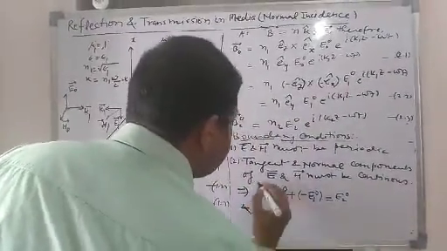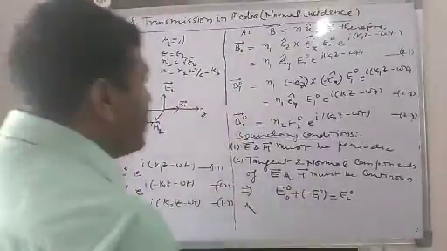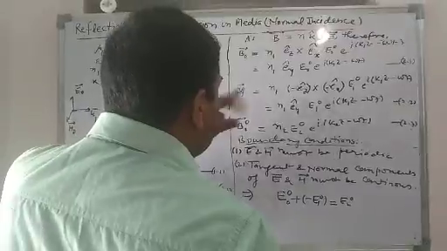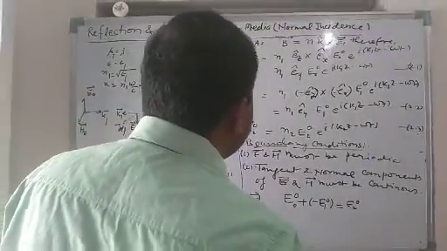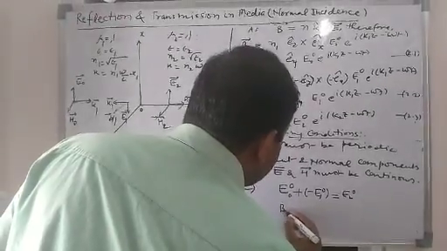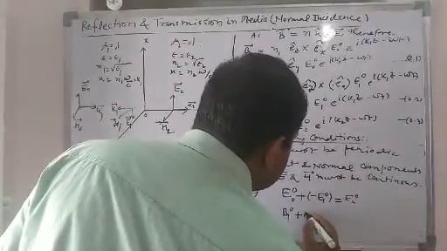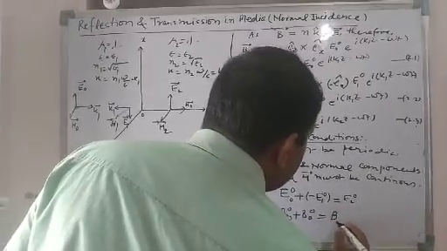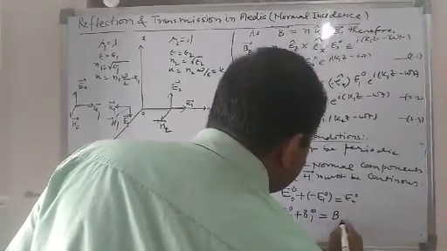And for H or B, this is going to be simply H1 naught or B1 naught plus B naught naught. That should be equal to B2 naught.